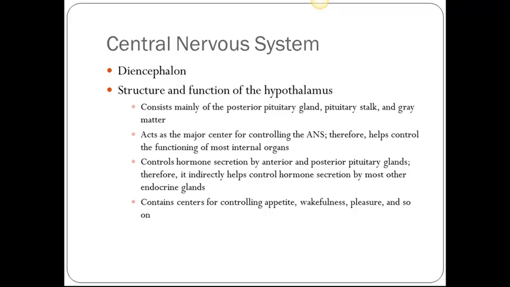It also controls hormone secretion, such as antidiuretic hormone, and aids in water secretion and retention. It indirectly helps control hormone secretion by most other endocrine glands and contains a center for controlling appetite, wakefulness, pleasure, and temperature.